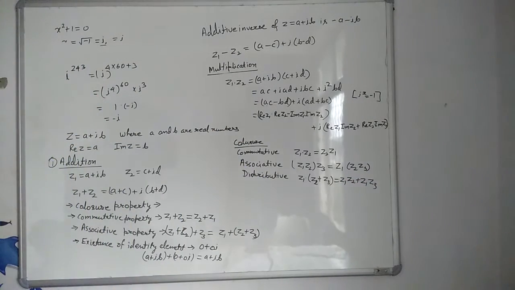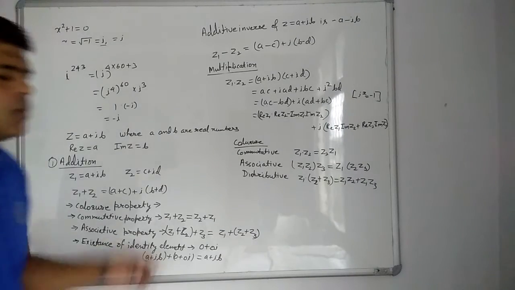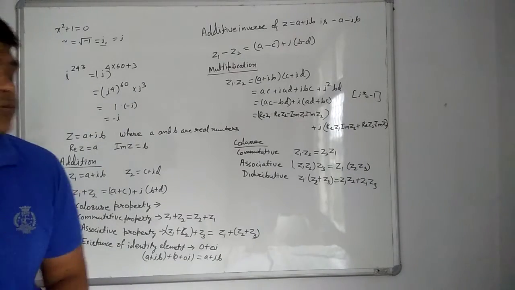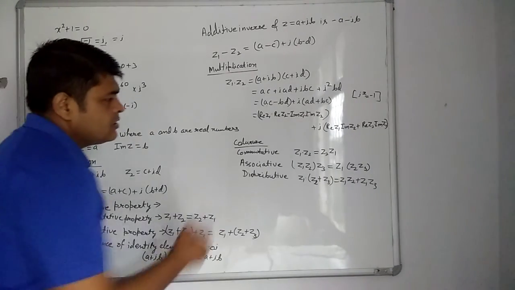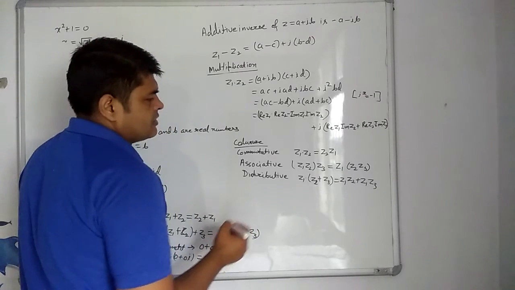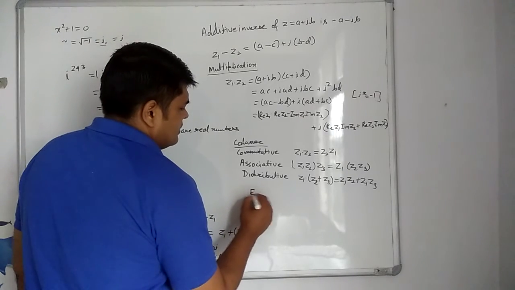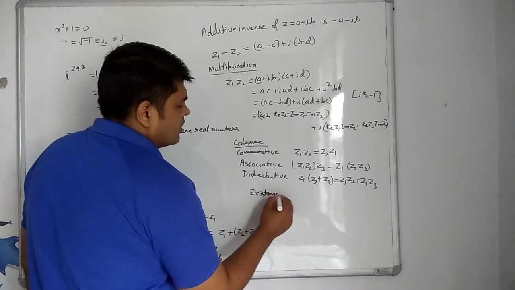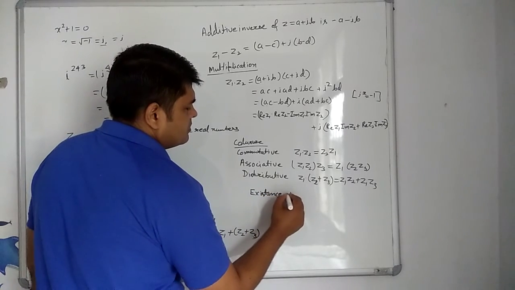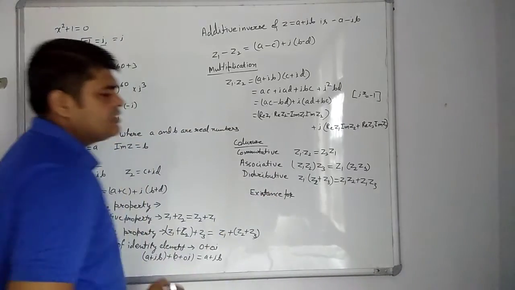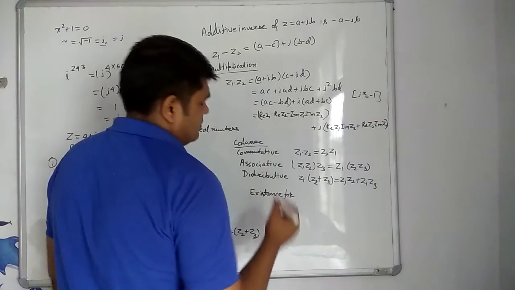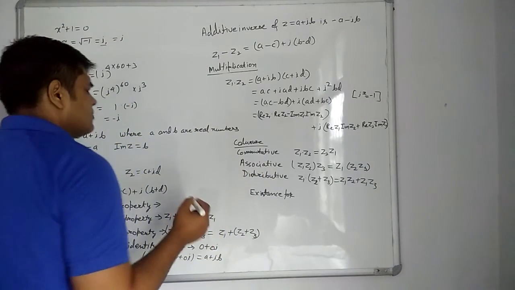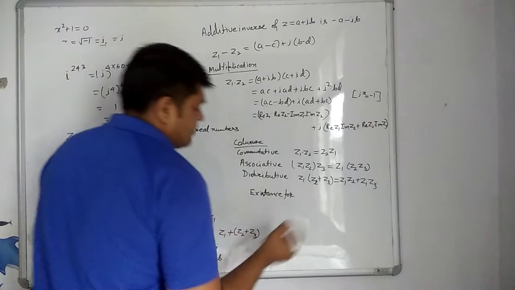Now after the distributive property, we have to go for the existence of the identity element. Does the identity element exist? Yes, the identity element for multiplication exists. What is the identity element? So the identity element for the multiplication of complex numbers, please think on it.